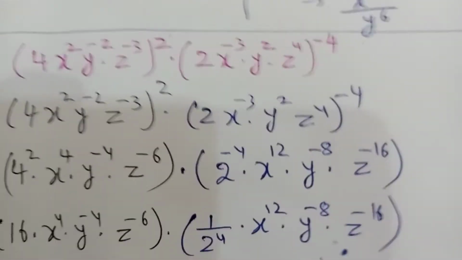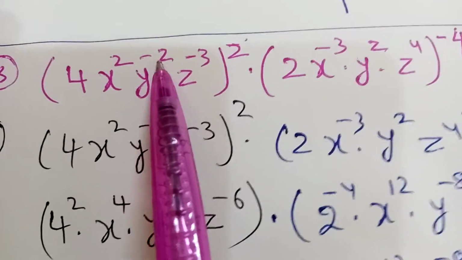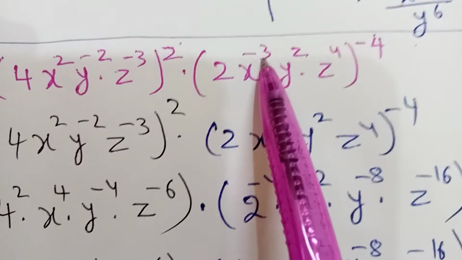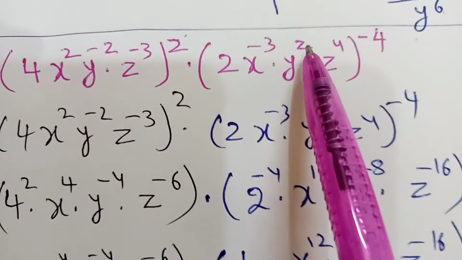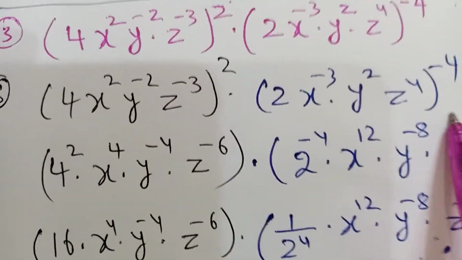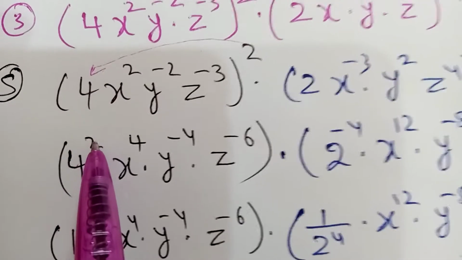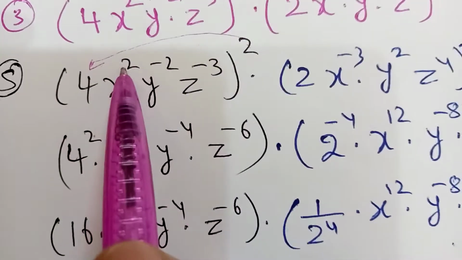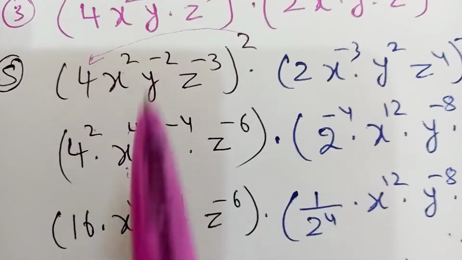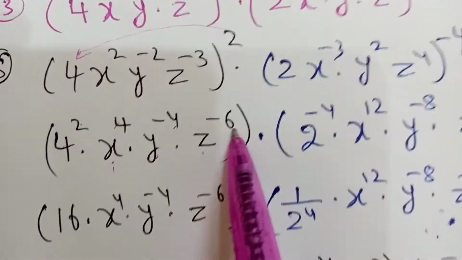Next, last question, 4 power of x square, y power of minus 2, z power of minus 3 whole square, 2 to the power of x, 2 into x power of minus 3, y square, z power of 4 whole power of minus 4. So given, now 4 square, x as it is, 2 2s are x to the power of 4, y as it is, 2 into minus 2 minus 4, z as it is, 2 into minus 3 minus 6.